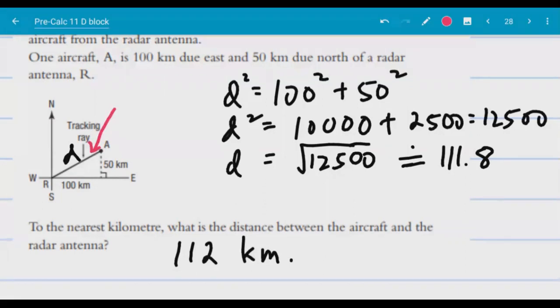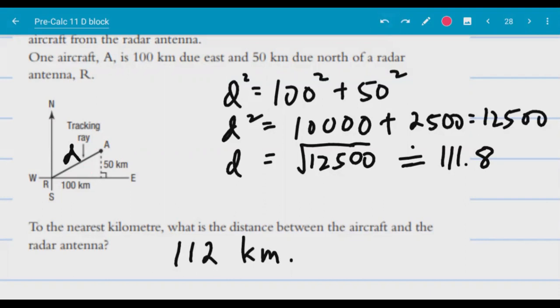Okay. So the question is, which one is due east? Due east is this one. So which is the angle that we're looking for? It's this one. From the horizontal to that hypotenuse of the right triangle.